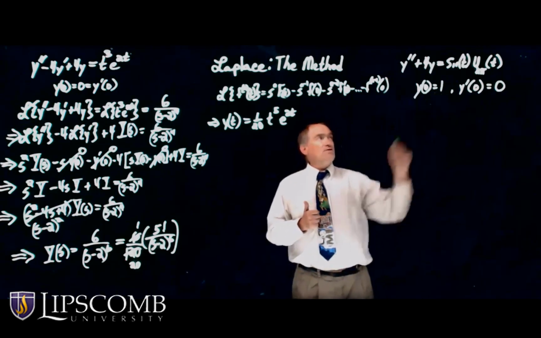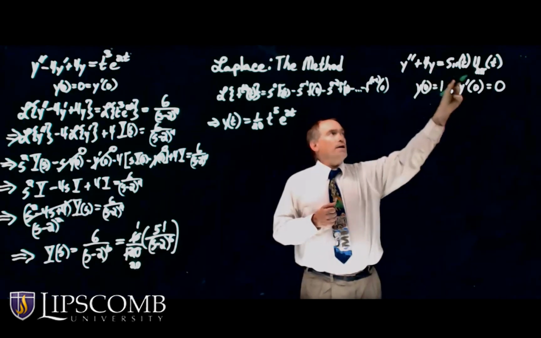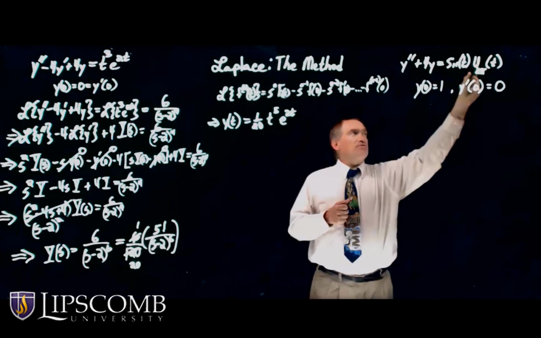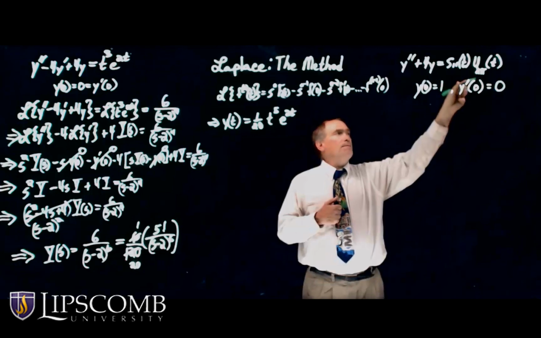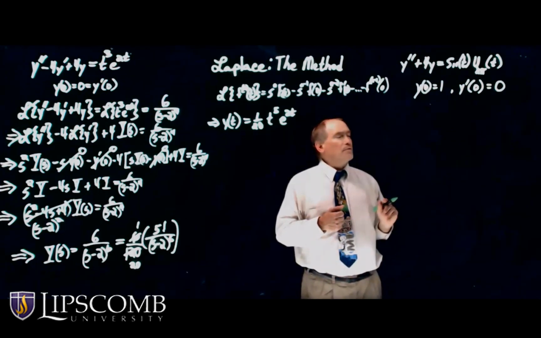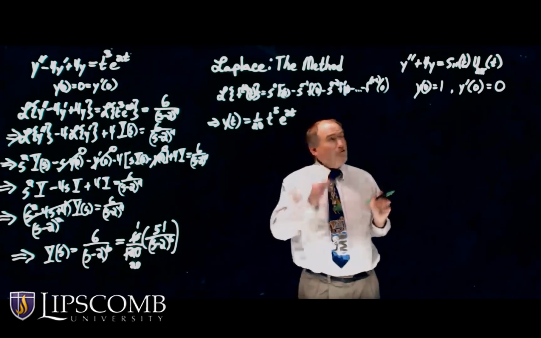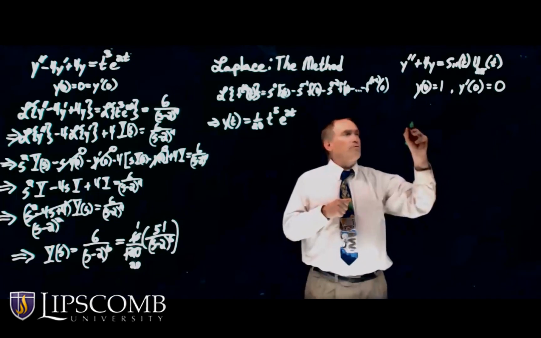Let's take a look at this one. y double prime plus 4y equals sine t times the unit step function at 2 pi, with the initial conditions y of 0 equals 1 and y prime of 0 equals 0. Now, first step, take the Laplace transform of everything.